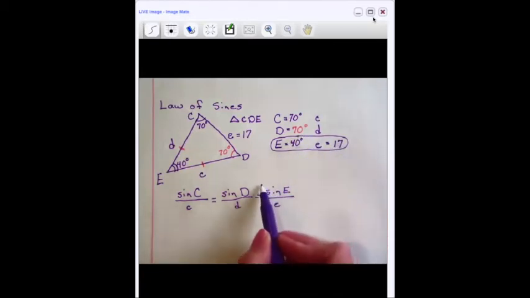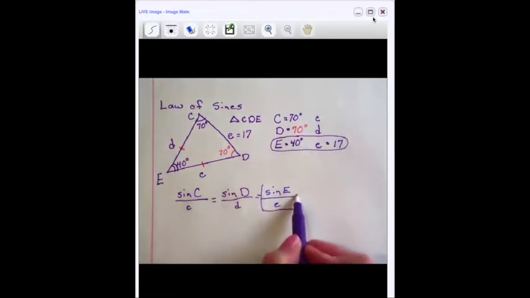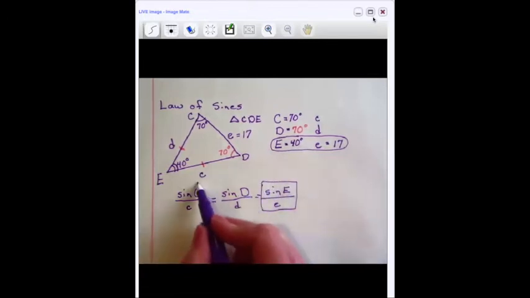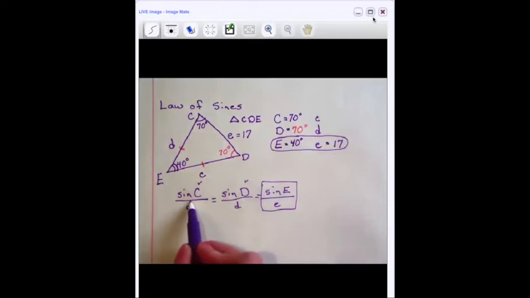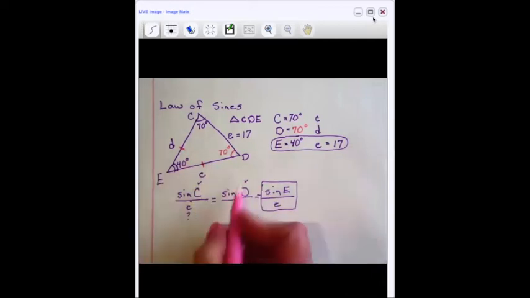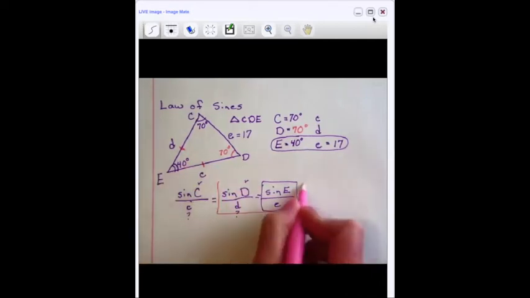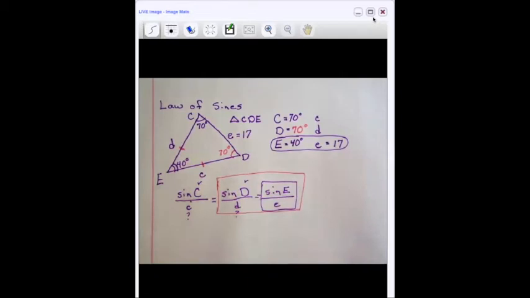I know that I'm going to be able to fill in this whole thing. And I also have this C and this D. So the only thing that I'm looking for are these two sides. So let's fill in what we know. I'm just going to do this for this part of our ratio, since I've already figured out that the C and the D sides are going to be the same.